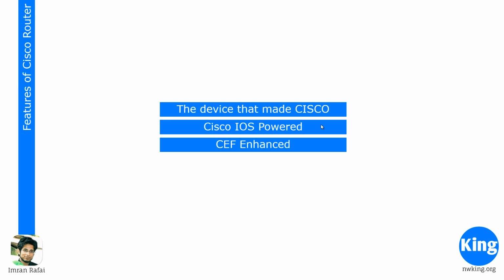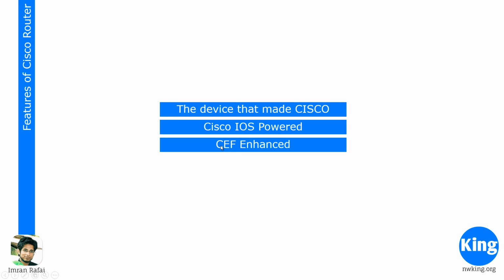So Cisco IOS is what makes Cisco routers what they are. We have learned the Cisco switch IOS, which is very similar to the Cisco router IOS. It's the same thing. Cisco IOS is the operating system that runs Cisco devices. It is also CEF enhanced. What is CEF?